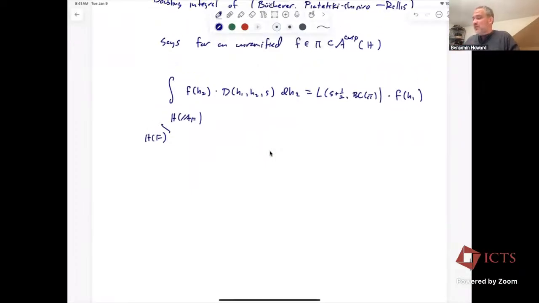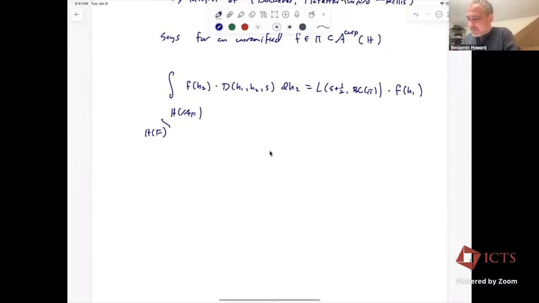So now you could take this, you could integrate this form against another form. So this implies for all unramified f1 and f2 in pi, if I look at the double integral, so this is the way it's usually stated.